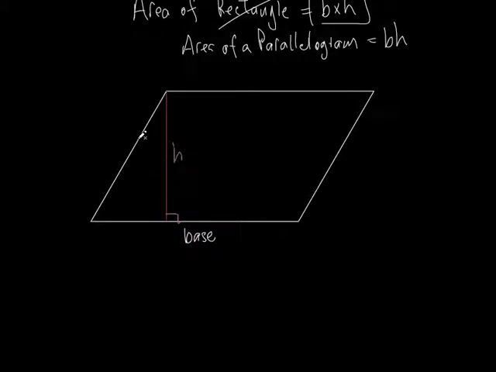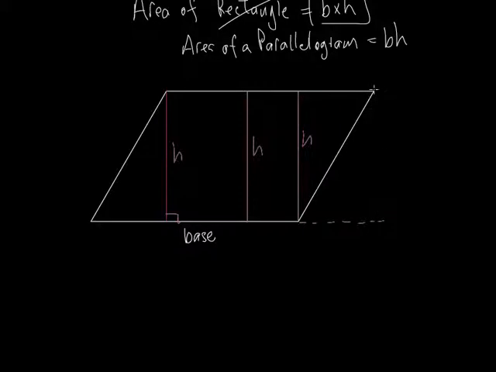Now watch. I could draw all kinds. I could draw from here to here. That would be the height, wouldn't it? I could draw from here to here if I wanted to. That would be the height. Agreed? If I wanted to, I don't see any reason to do this, but I could extend that side, couldn't I?